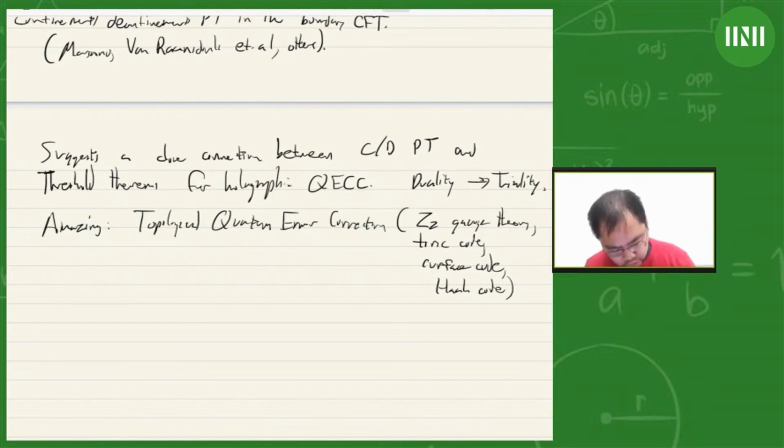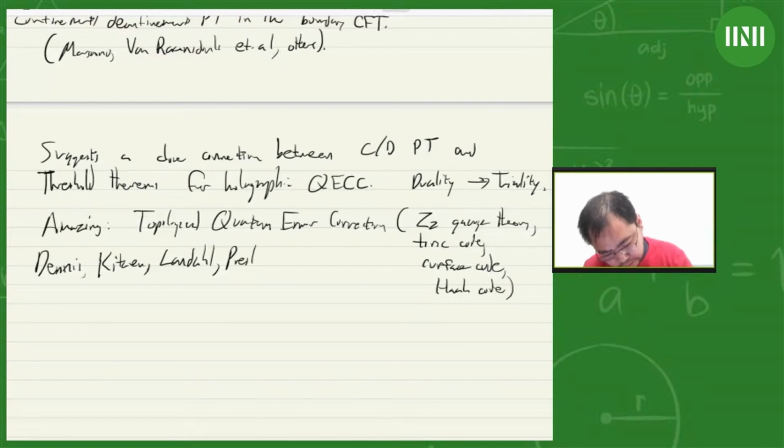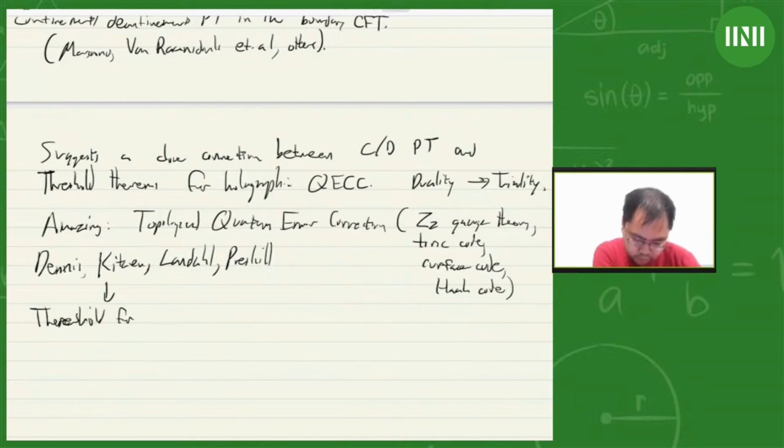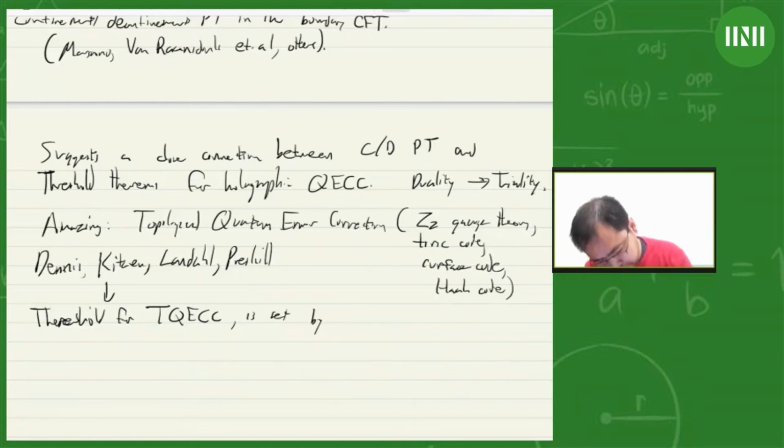In this context, there was a work, I think in the early 2000s, by Dennis, Kitaev, Landau, and Preskill. And these guys argued that the threshold for topological quantum error correcting codes of specific types is set by the confinement-deconfinement phase transition.